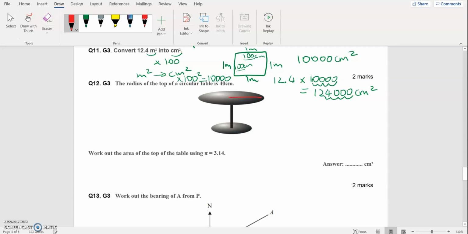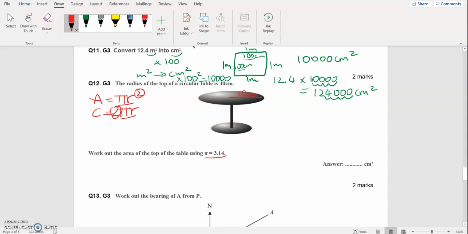Now we have the radius of the top of a circular table is 40 centimeters. So the radius is 40 centimeters. Work out the area of the top of the table using pi equals 3.14. So we have two formulas for a circle. We have the circumference and the area of a circle. Area is pi r squared and circumference is 2 pi r. So pi r is not changing, it's just the 2, whether you put it at the front or at the end.